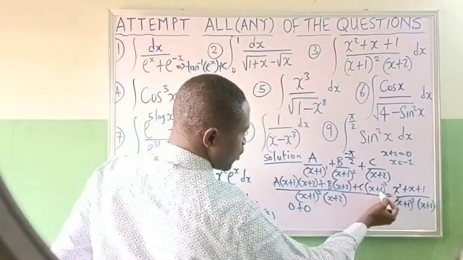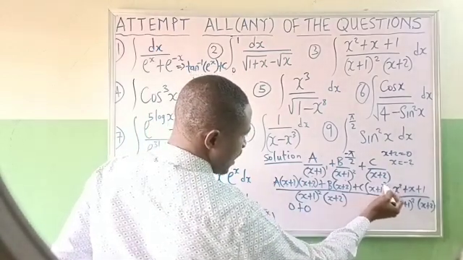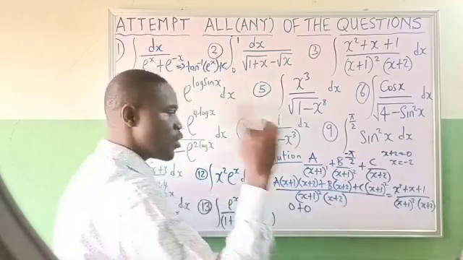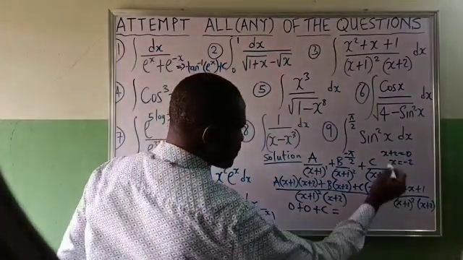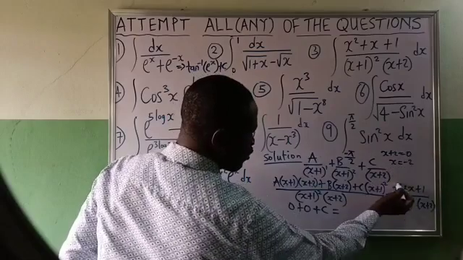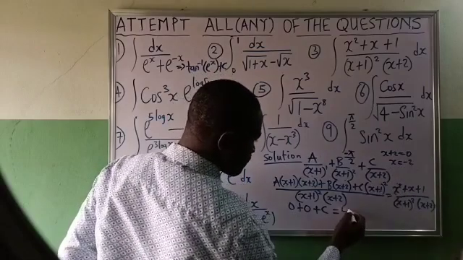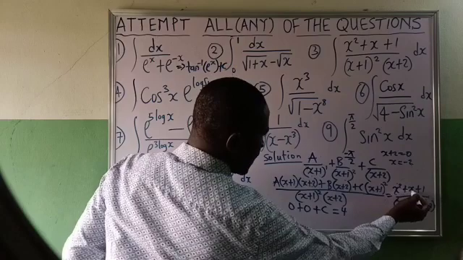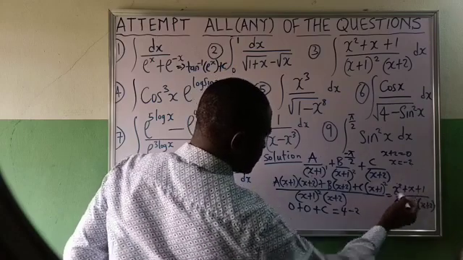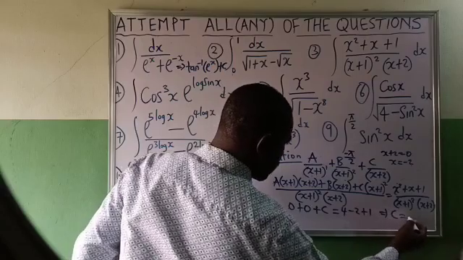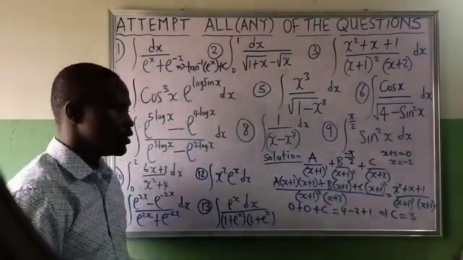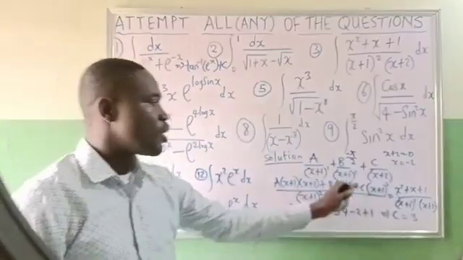Minus 2 plus 1 is minus 1, and minus 1 raised to the power of 2 gives 1. 1 times C will give me C, equals minus 2 raised to the power of 2, which is 4, then minus 2, then plus 1. That gives you that C is equal to 3, using the cover-up method.